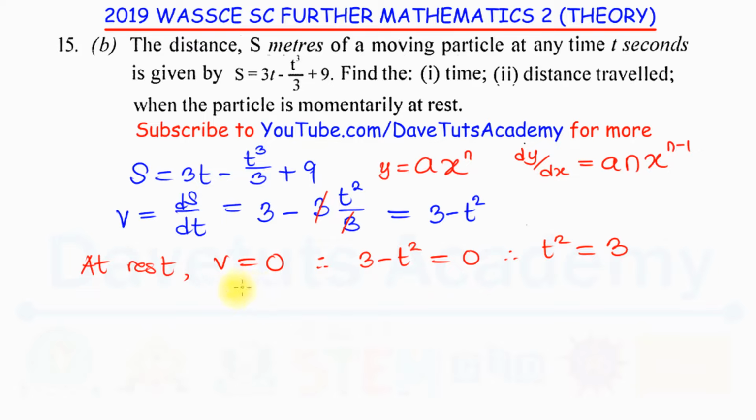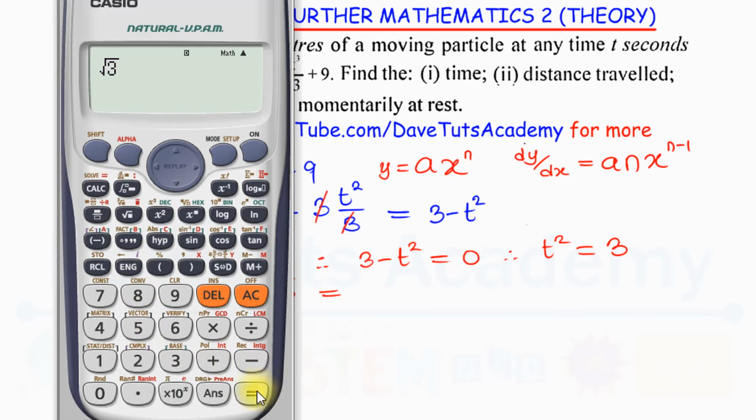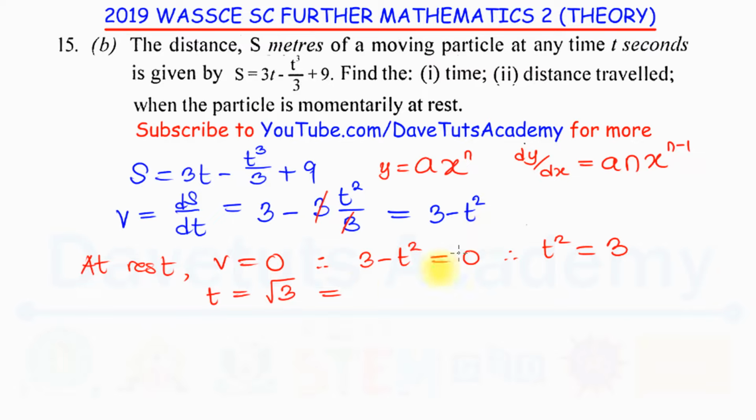So we can just say t is going to be the square root of 3, and in decimal that will be 1.73205 seconds. Okay, good. We could have left that as root 3, but no problem. However, this is the solution to the first question.